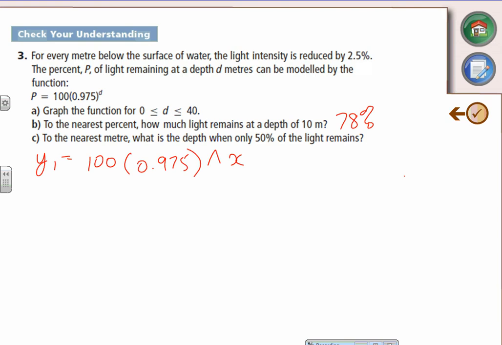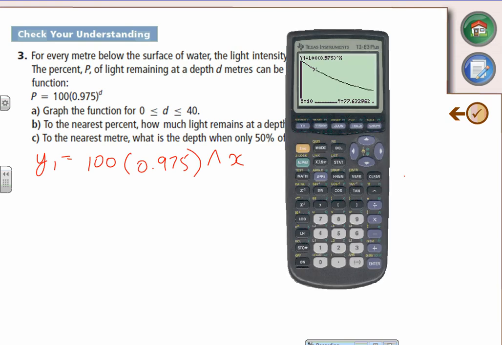And now the next one says, what depth is it going to be 50%? Let's go back to our calculator, and we're now going to do a y2 of 50. We're going to graph that. And we're going to say, where are those two going to intersect? And let's find the x value at that point. So second, calculate. Let's go to intersect.